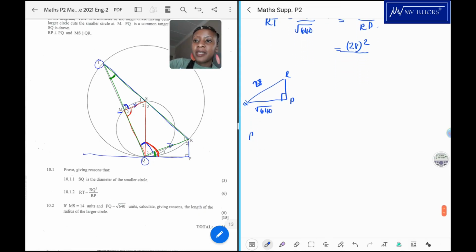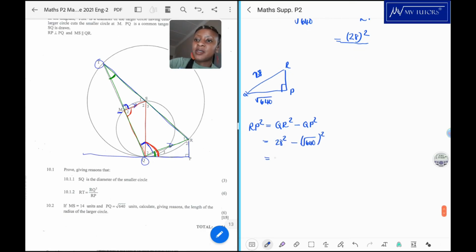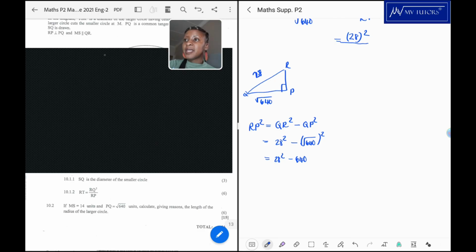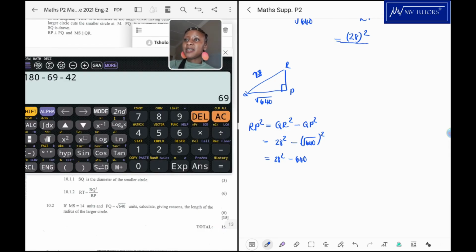So RP squared is equal to QR squared minus QP squared. So that's 28 squared minus 640. Let us calculate it quickly. My calculator is still thinking.